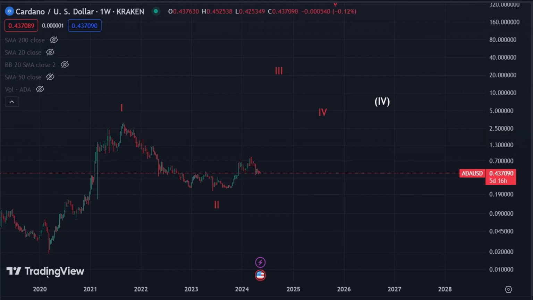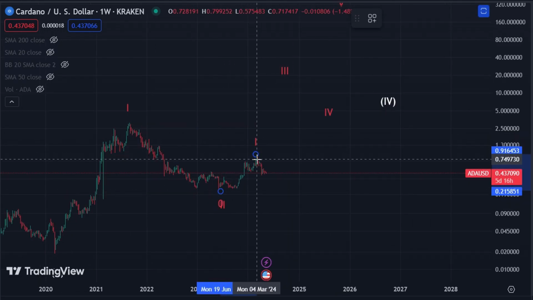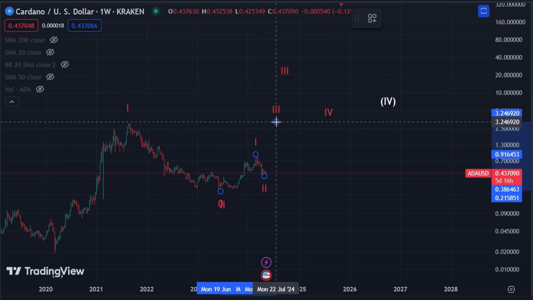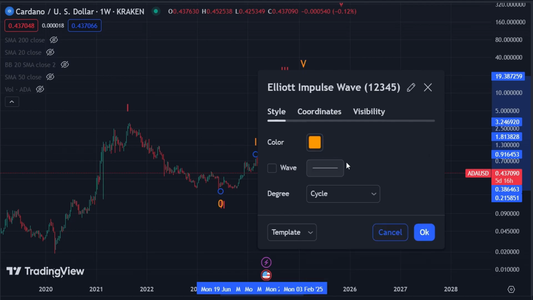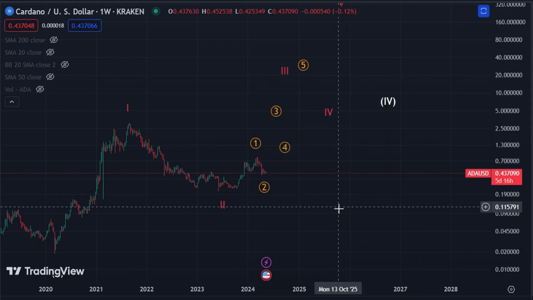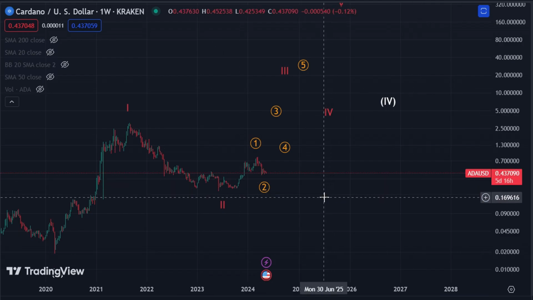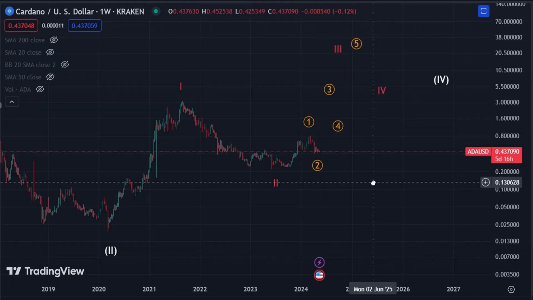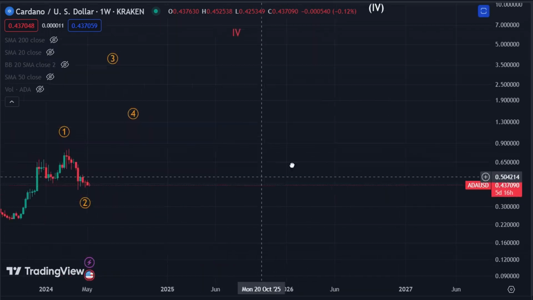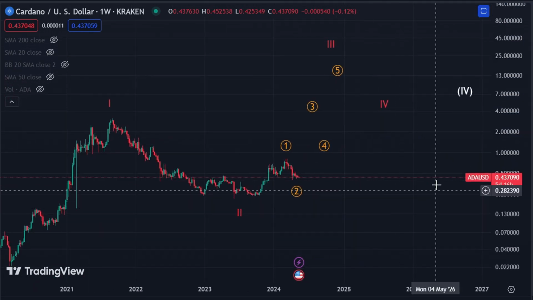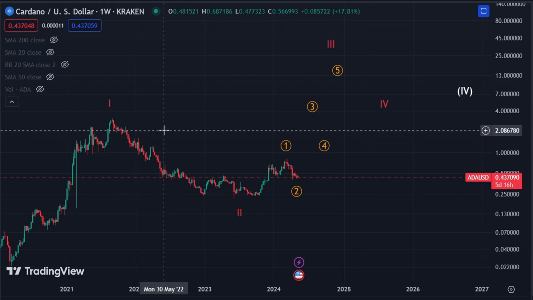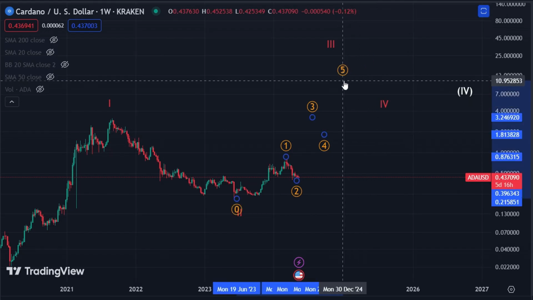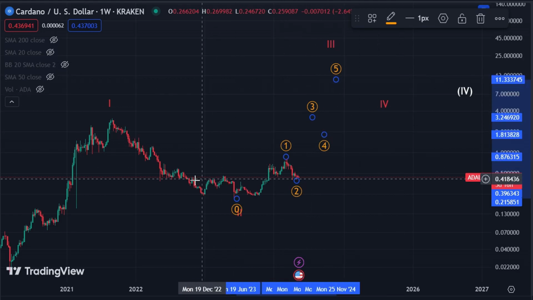And then we can add the more relevant count. So, zoom in here. Now, to get some targets out of this, I think you all probably want to know the all-time high for this cycle.